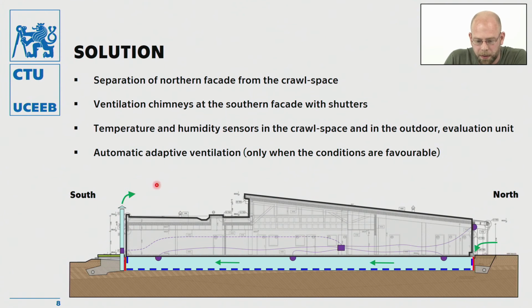Temperature and humidity sensors were installed in the crawl space and also in the outdoor environment, and connected to an evaluation unit. All this together we can call automatic adaptive ventilation. It's still natural ventilation, but it is in operation only when the conditions are favorable, that means when the outdoor air cannot moisten or humidify the space below the floor.